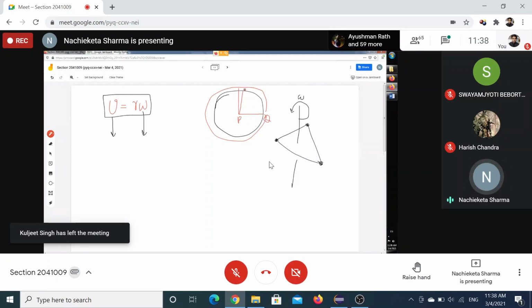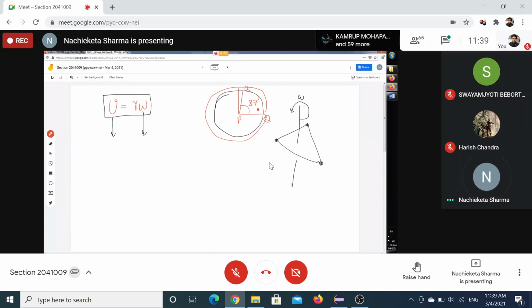So your PQ line will be somewhere here. This is 87 degree, because 0.24 revolution is 87 degree. One revolution is 360 degree and 0.24 revolution is 87 degree. So what angle does the line PQ make with the positive x-axis? You can say 87 degree. It will make an angle of 87 degree with the positive x-axis. Is it clear to you?